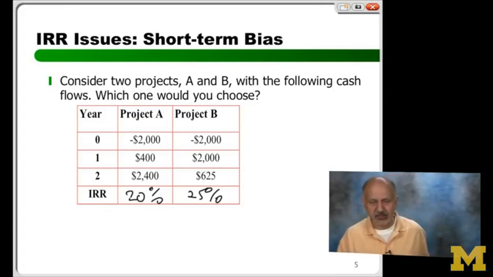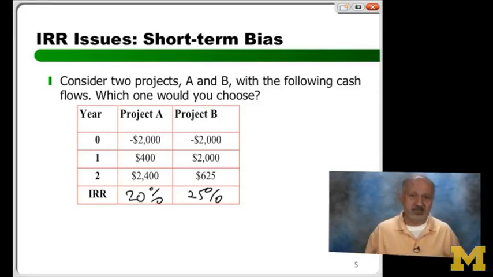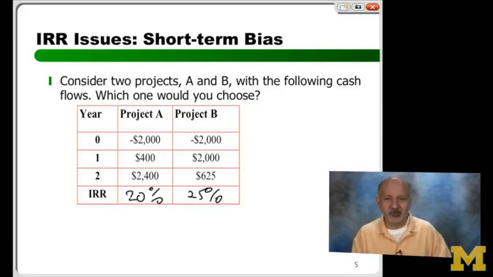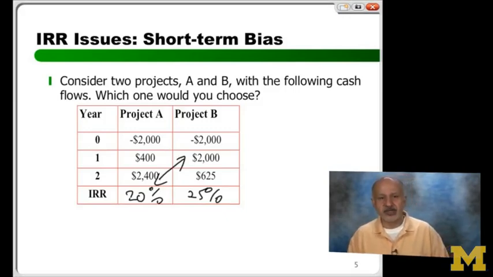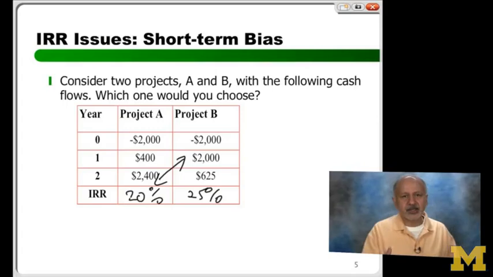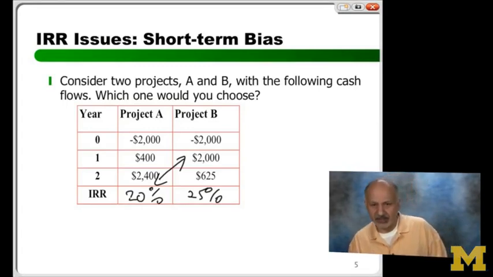Just stare at it. Are they similar in length? Yes. Physical life is 2 years for both projects. So what short-term bias am I talking about? Just stare at these two numbers for the time being. What do you see? You see that project A is giving a lot of the cash flows later, whereas project B is giving cash flows early.